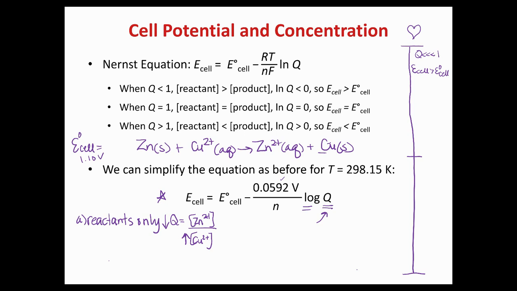Now let's think about what that means. Delta G equals negative nFE of cell. So if your E of cell is very big because you have reactants only, you're not under standard conditions here because they're not both 1 molar, then you will have a very negative delta G, and you're going to have what we think of as your maximum amount of work the battery can do.